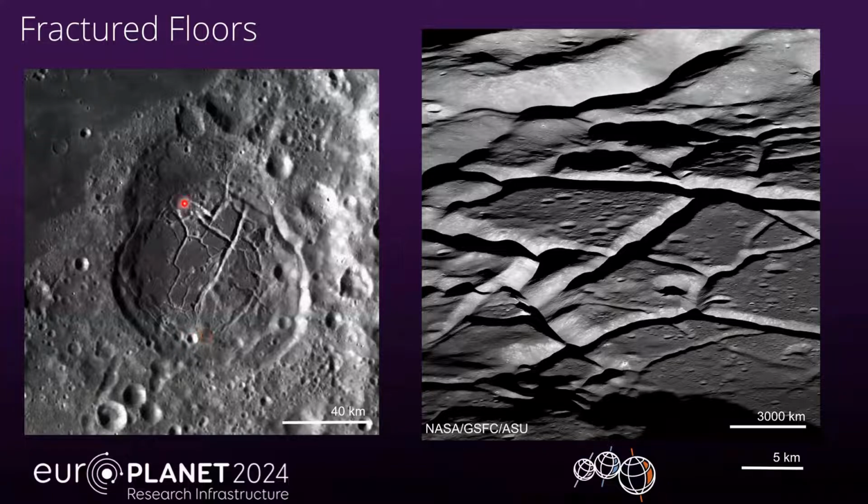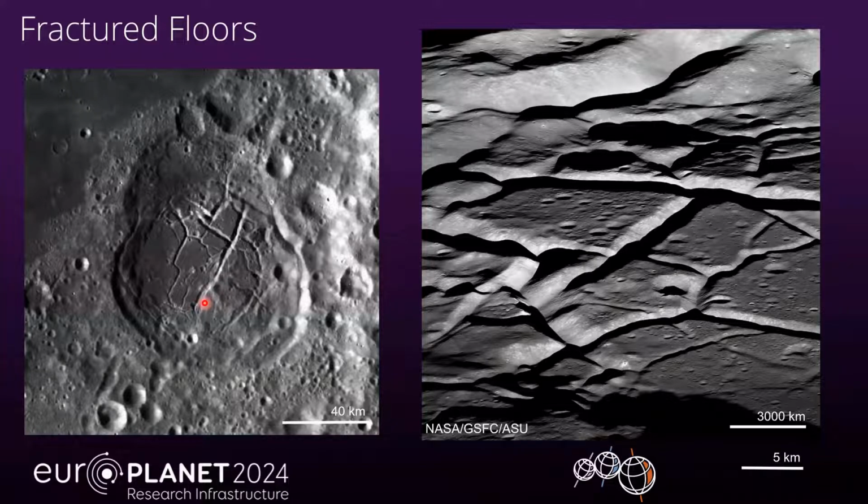Or perhaps in this case, this crater was filled with Mare basalt, and then a sill formed underneath that layer and pushed it up and cracked it. And so these are called floor fractured craters. They're sort of a special class because it's a hybrid geologic process that happens to form this morphology.